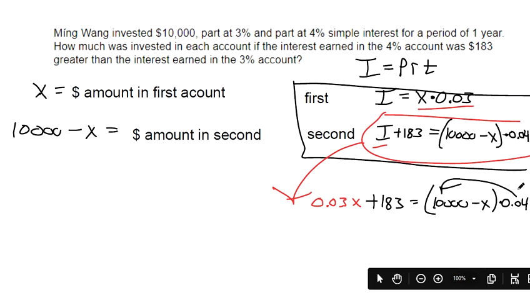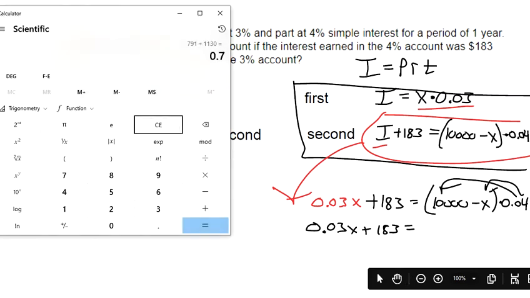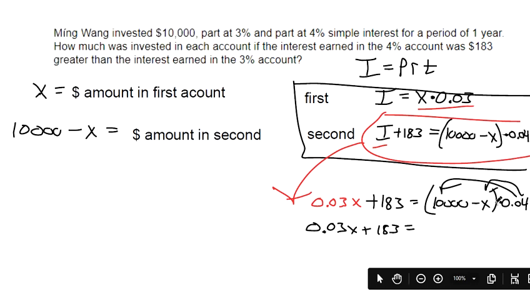Okay, I'm going to distribute this 0.04, like we've learned with the distributive property. So if you do that, 0.04 times 10,000, that's 400. And 0.04 times X is 0.04x.